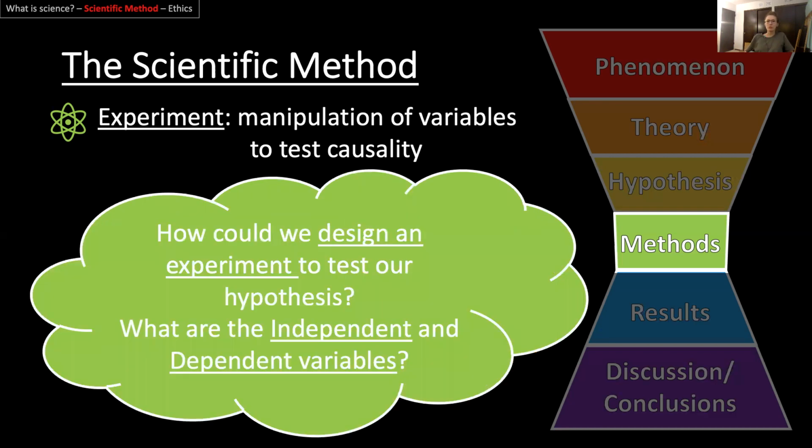Okay, so let's brainstorm together. How might we design an experiment to test our hypothesis? In our "an apple a day keeps the doctor away" question, what are the independent and dependent variables? Here, the thing that we can actually manipulate is the apple a day.